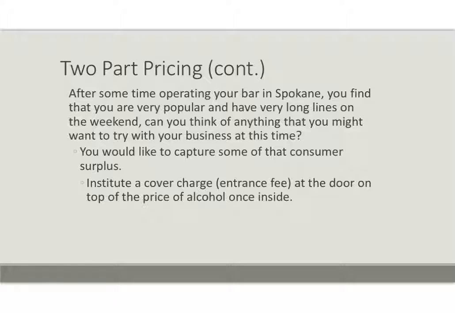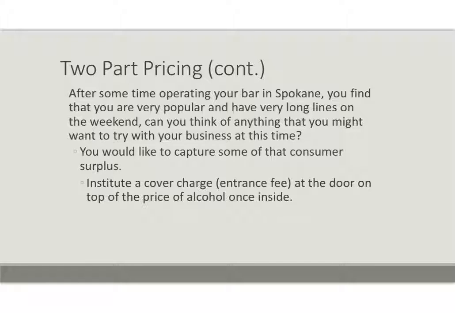So they would be willing to pay an extra $50 for their beer. So if you charge them a cover charge of $50, they'd pay it. They'd then come in and they'd buy beer, and they'd still buy the same quantity. And you would perfect price discriminate, and you would capture their consumer surplus. Now, it's not one customer, it's multiple customers, but you get the idea there. You charge a cover charge, and you capture some of that consumer surplus.